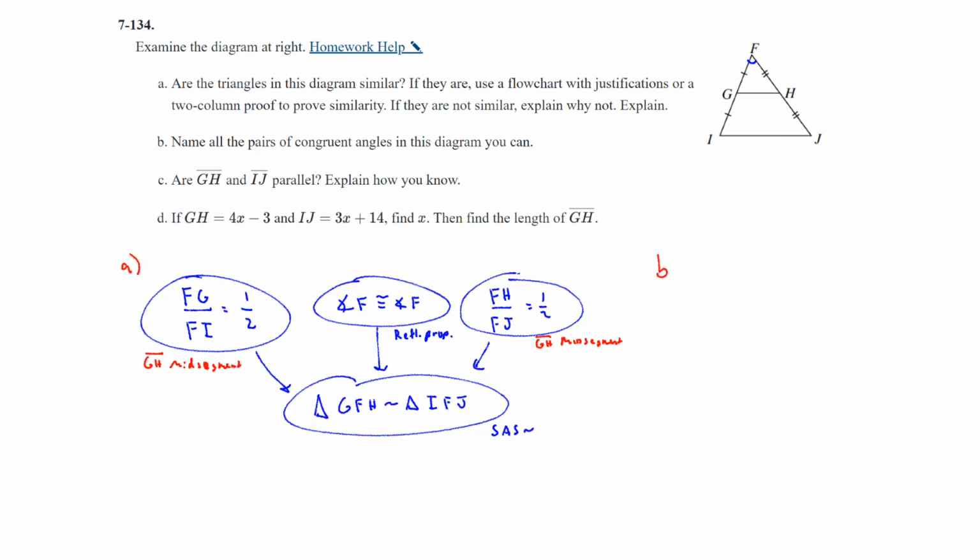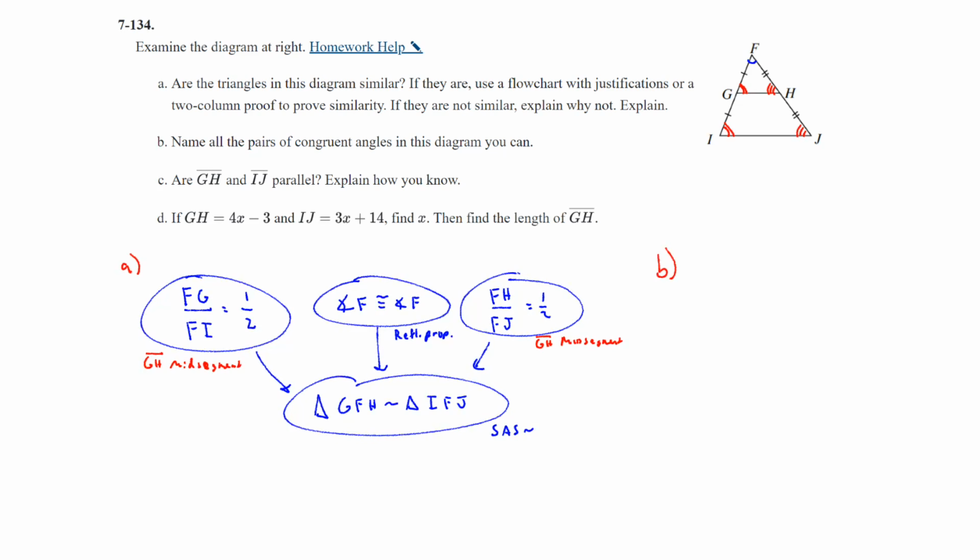Part B. Name all pairs of congruent angles in this diagram. So since the triangles are similar, then we know their corresponding angles are congruent. So FGH and FIJ are congruent. And then we also know FHG and FJI are also congruent.